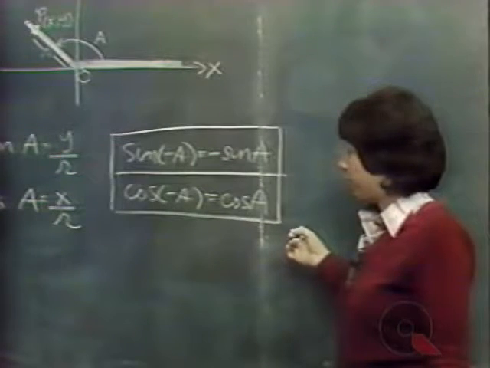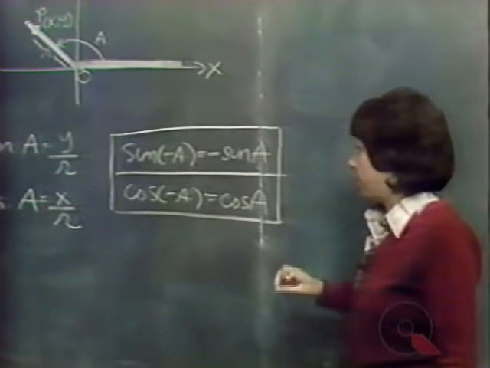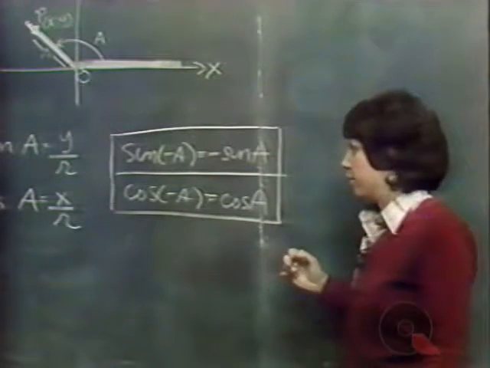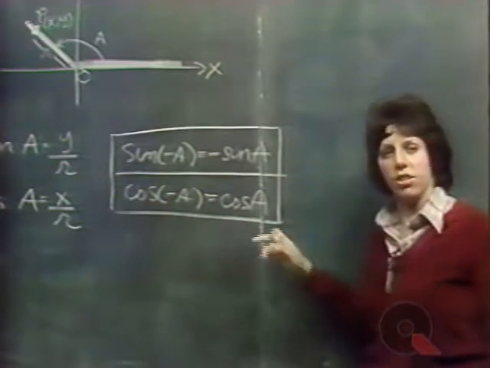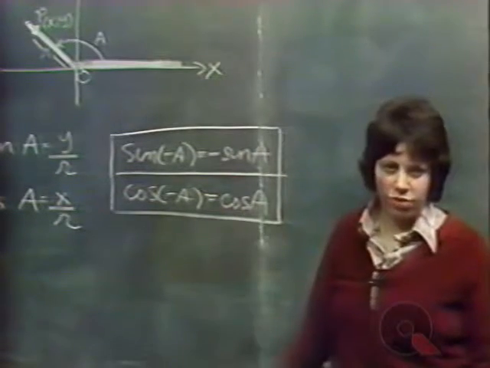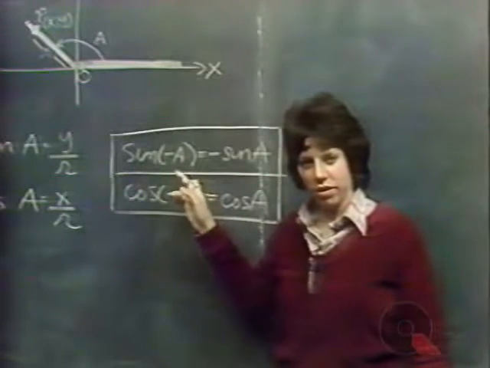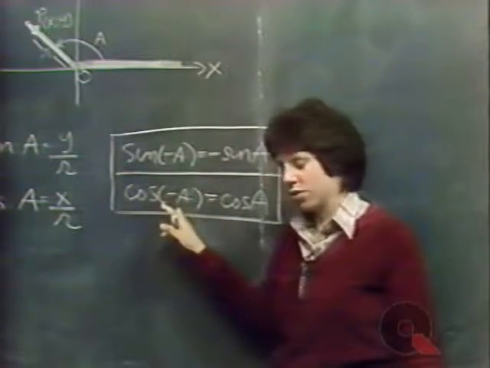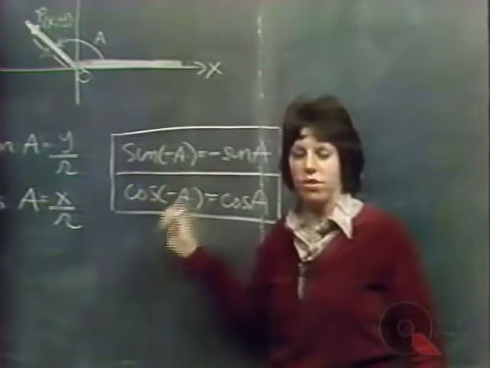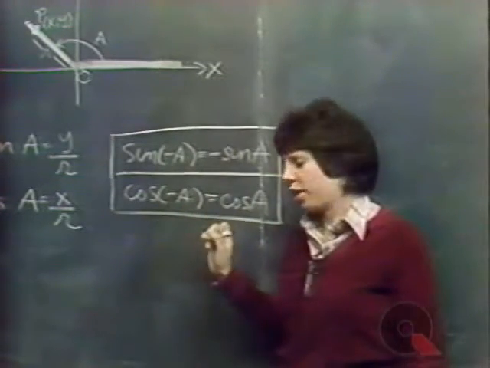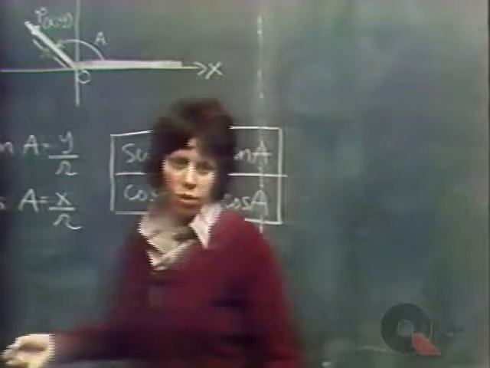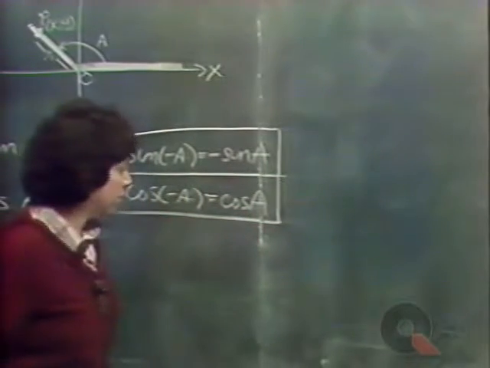Remember, all the other trig functions can be found if you know sine and cosine. For example, tangent is sine over cosine. That was one of the quotient relations. And cotangent is cosine over sine. Secant is 1 over cosine. Cosecant is 1 over sine, and so on.